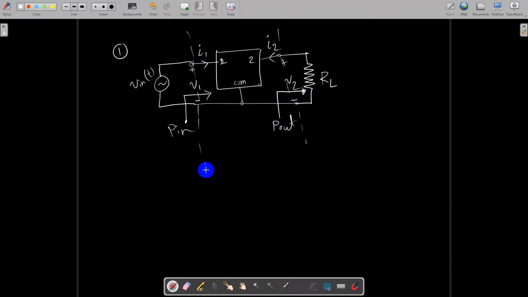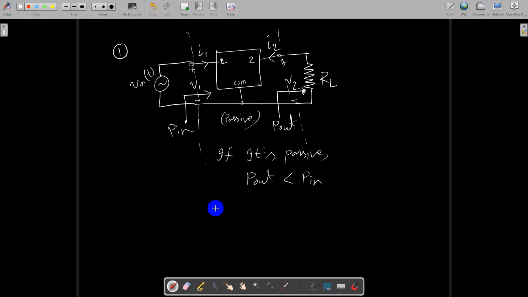Okay. Now, I'm telling that this is a passive network. I'm assuming that it is passive, or I'm arguing that it is passive. If it's passive, then P out will be less than P in.